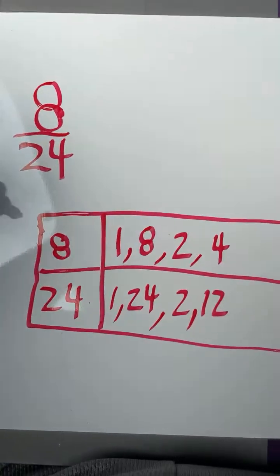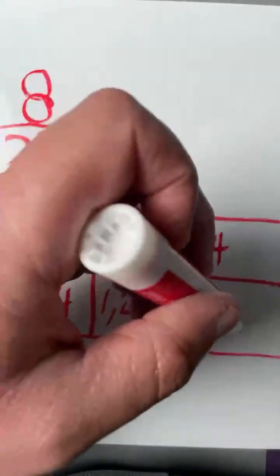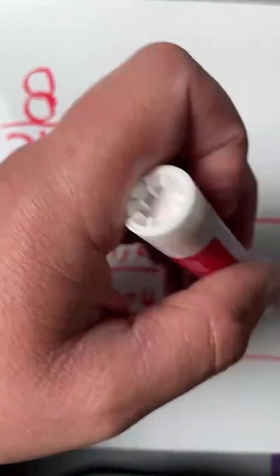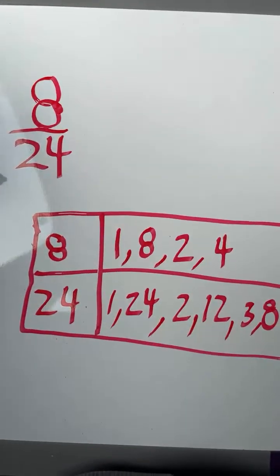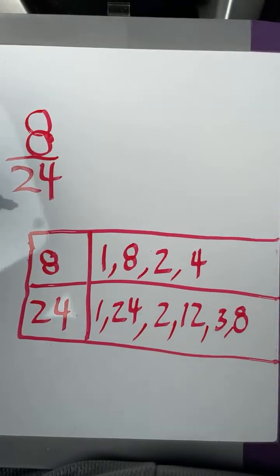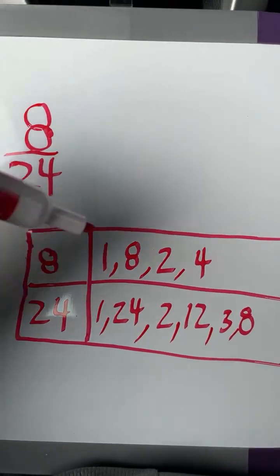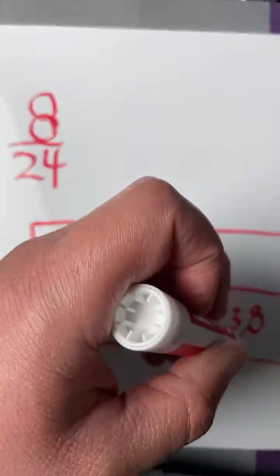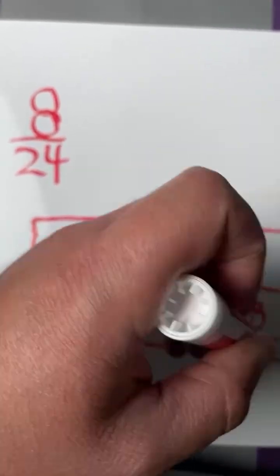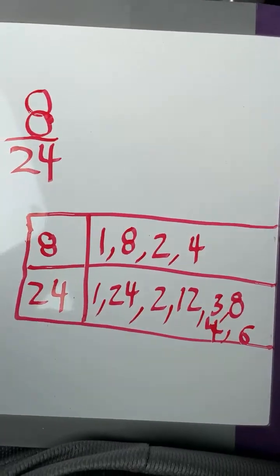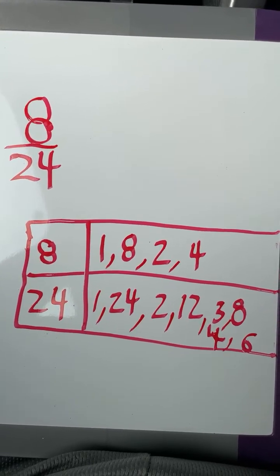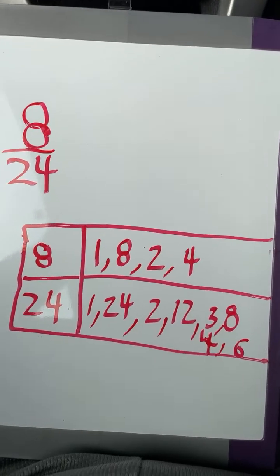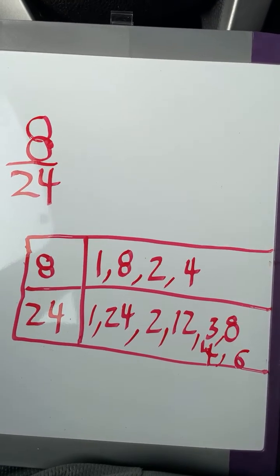2, 12, 3 and 8, and 4 and 6. So now we got to look for not the biggest factor, but the biggest common factor, the biggest number that's common between 8 and 24.